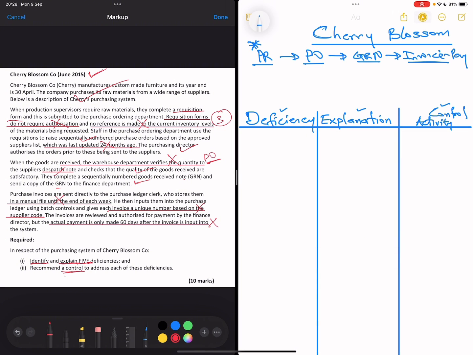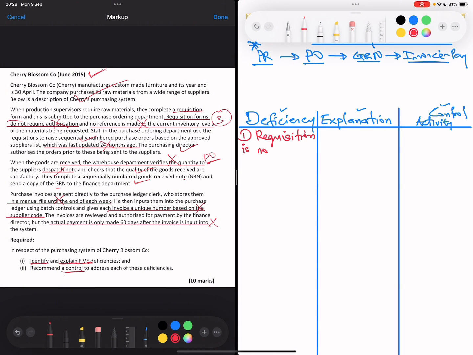And we'll start with number 1, deficiency. And the first deficiency we have there is at the requisition stage, which is that requisition is not approved by a manager.